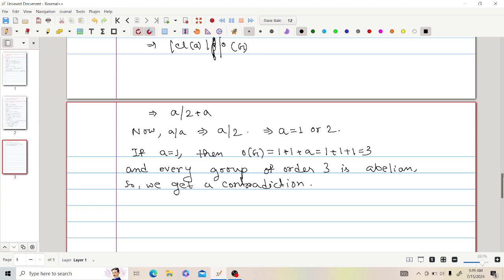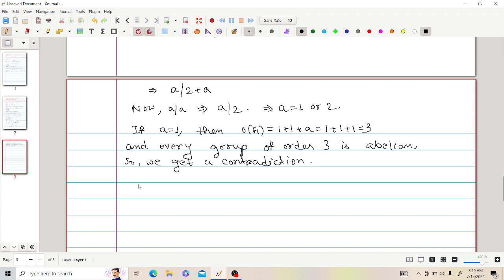Okay, so this is not true. If A is equal to 1, we get a contradiction. If A is equal to 2, then again order of G is equal to 1 plus 1 plus 2, and every group of order 4 is also abelian.